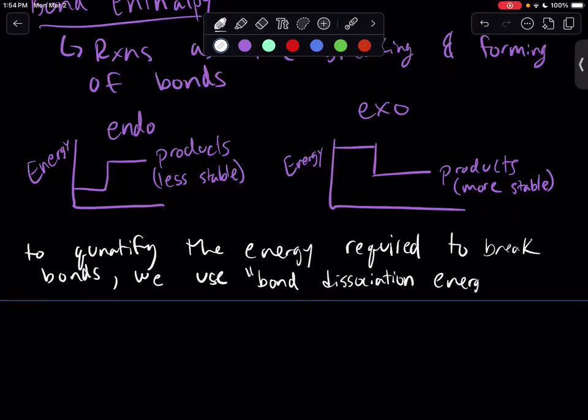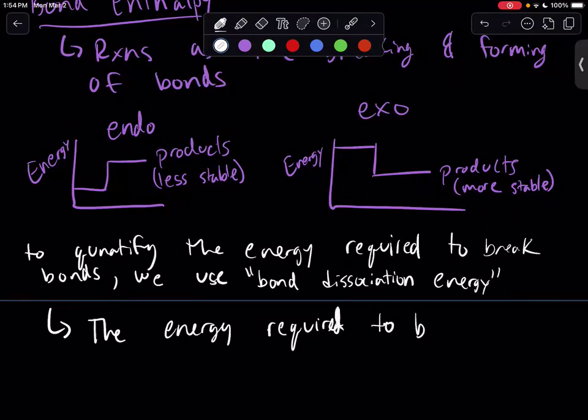What this actually means, and what bond enthalpy means, is really just the energy required to break 1 mole of bonds in gaseous molecules.